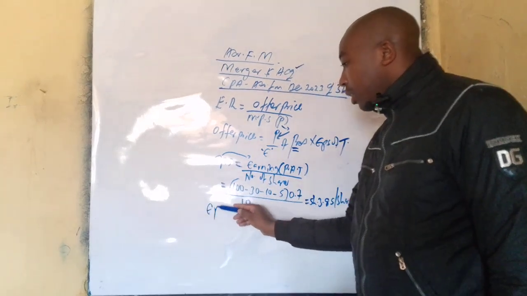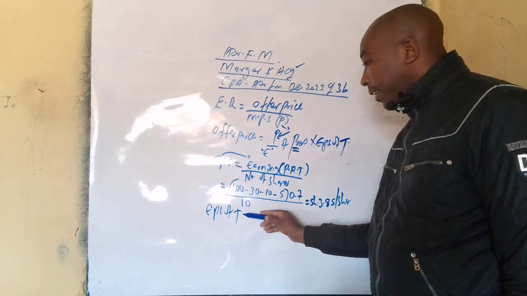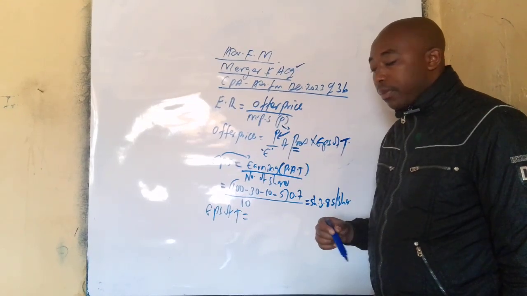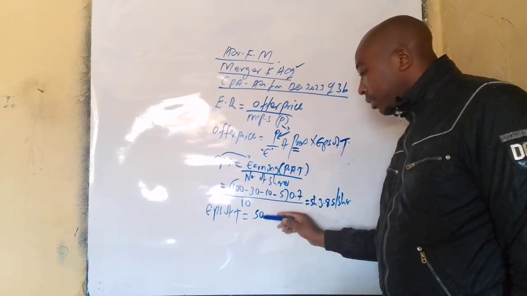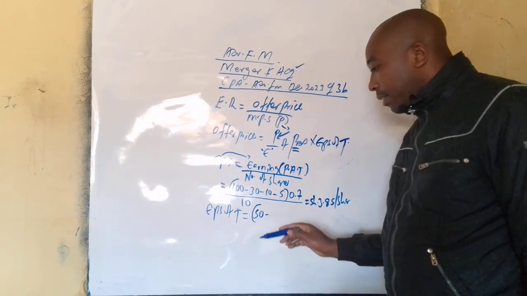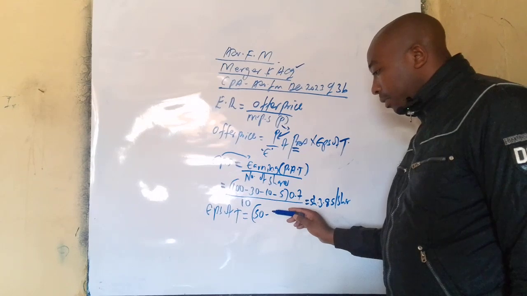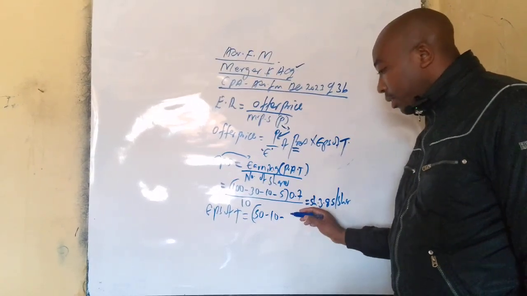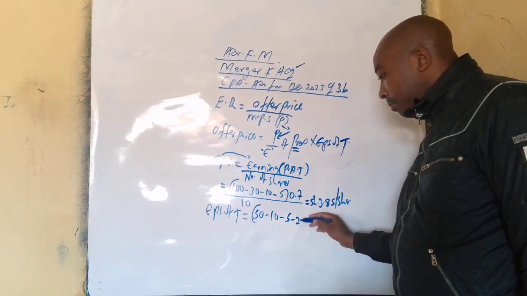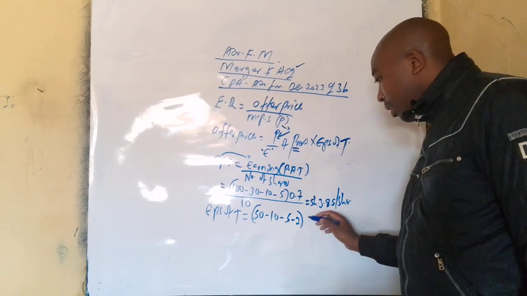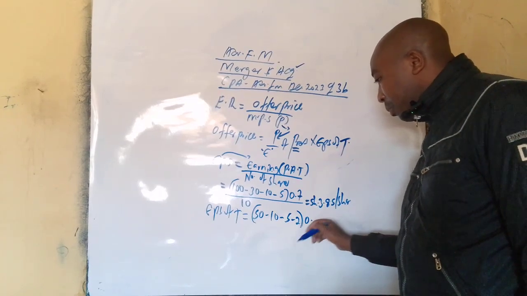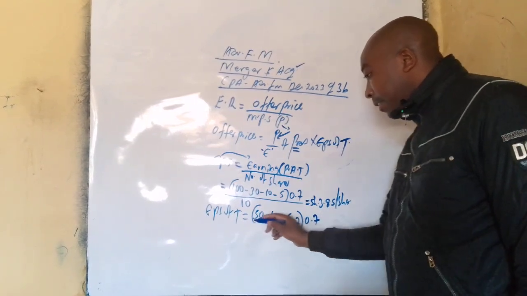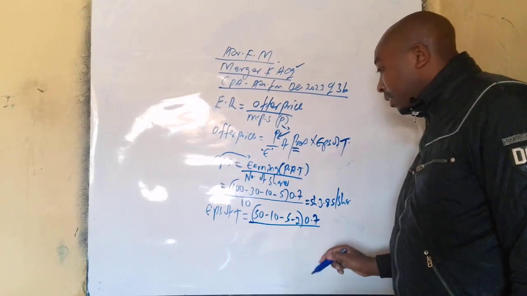The EPS of target, I do the same. I take the sales, and the sales we have 50. I minus the cost of sale. I minus operating, and I minus finance cost. Then what is remaining is profit before tax. I multiply by 1 minus tax, which is 0.7 to get profit after tax.